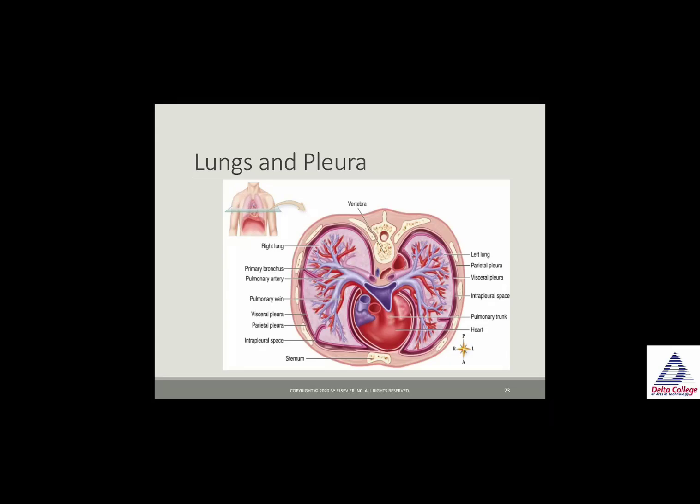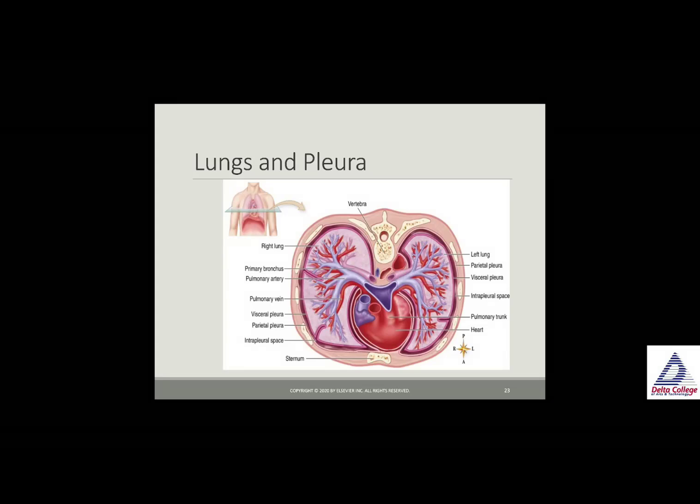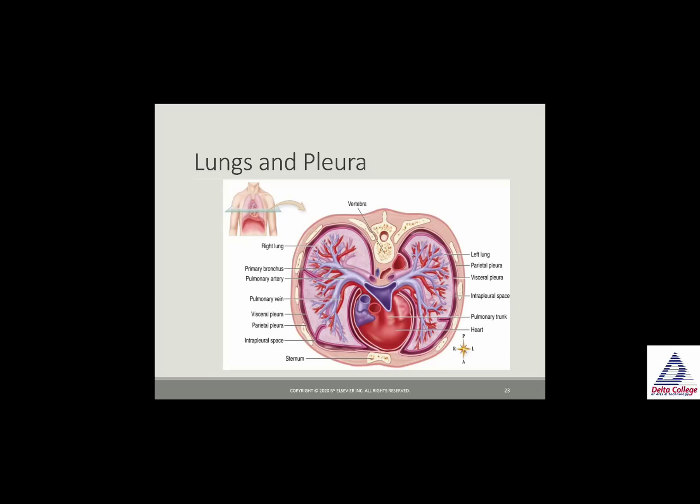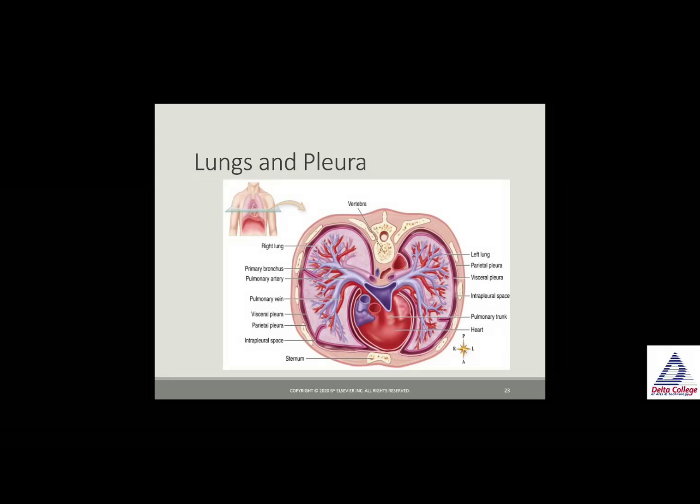This shows a cross-section where you can see the visceral pleura that lines the lungs and the parietal pleura that lines the thoracic cavity there.